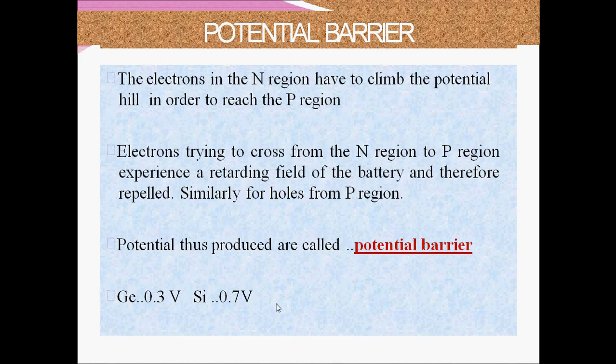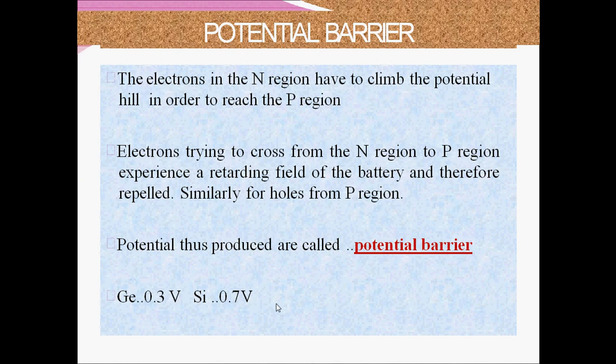The potential barrier. The electrons in the N region have to climb the potential hill in order to reach the P region. Electrons trying to cross from the N region to the P region experience a retarding field of the battery and therefore get repelled. Similarly, holes from the P region trying to cross to the N region experience a retarding field of the battery and they also get repelled.